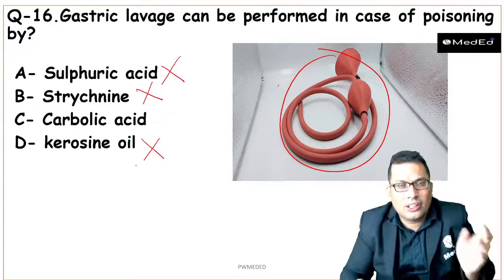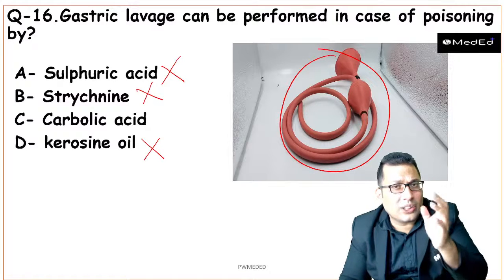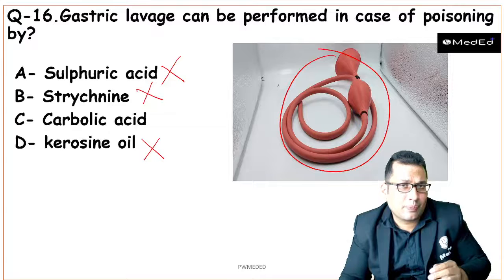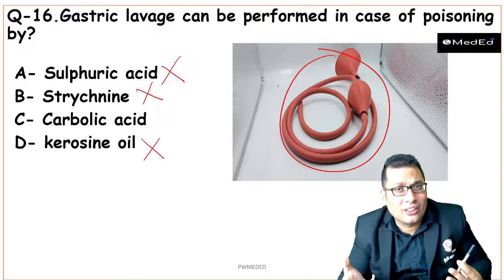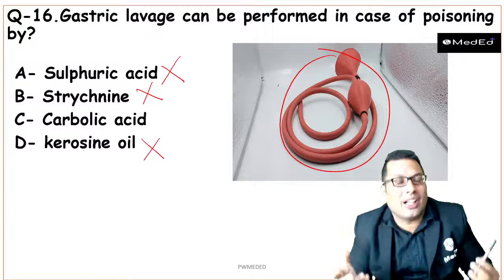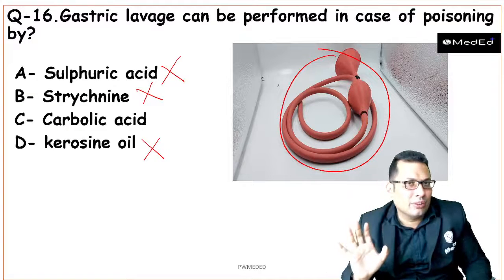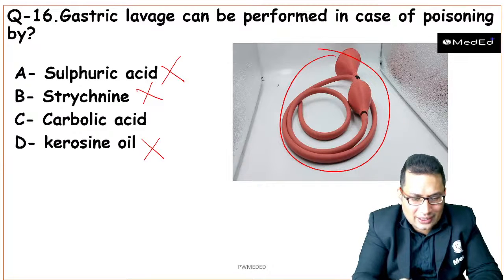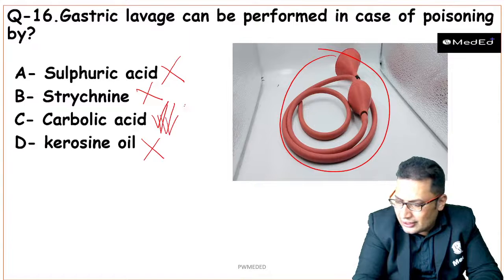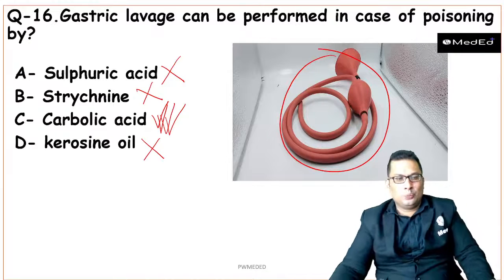Kerosene oil is also a relative contraindication, because when kerosene is aspirated into the lungs, it can lead to chemical pneumonitis, which is one of the serious complications of kerosene poisoning. So C is the correct answer.